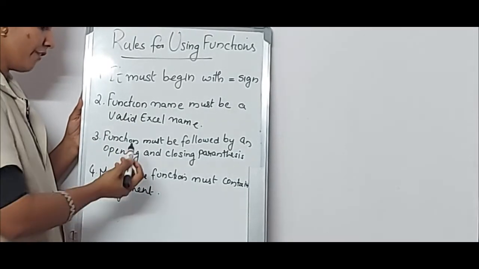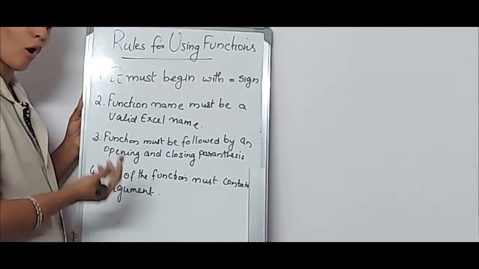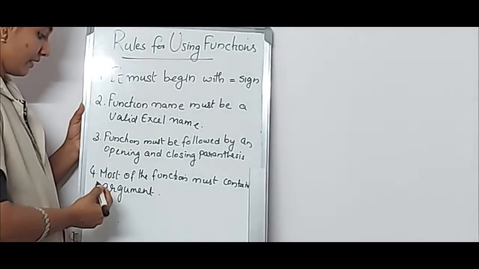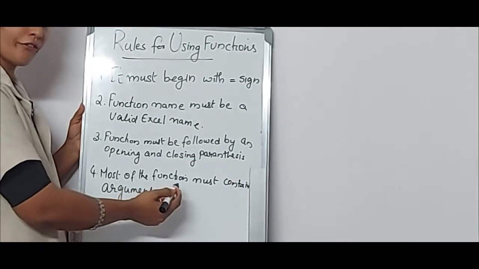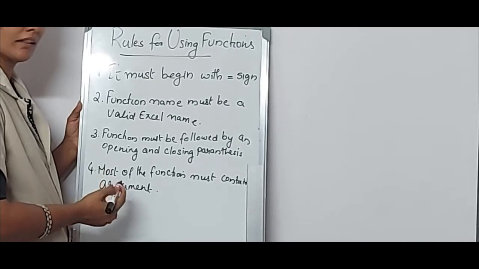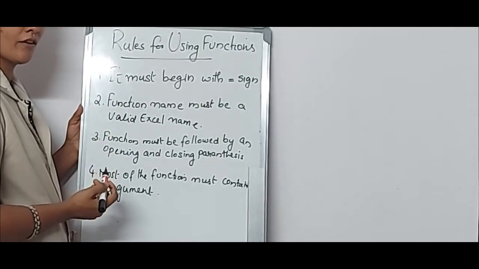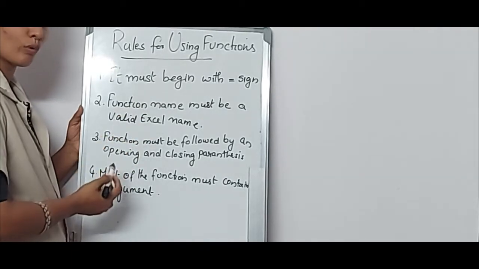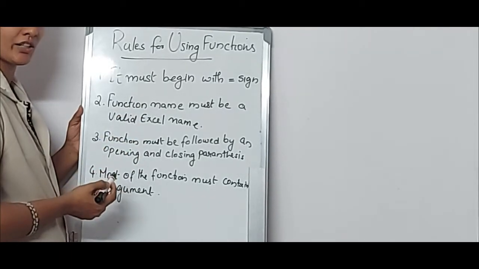Third rule: function must be followed by an opening and closing parenthesis. Fourth rule: most of the functions must contain arguments within them. We have to follow these four rules while using a function.